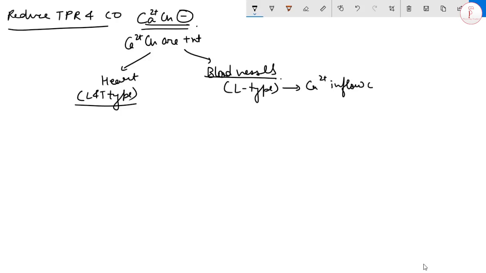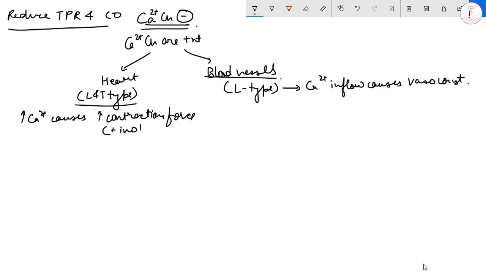So in the blood vessels, the calcium influx through L-type calcium channels leads to vasoconstriction, while this influx of calcium through L and T type causes the increased force of contraction of the heart.